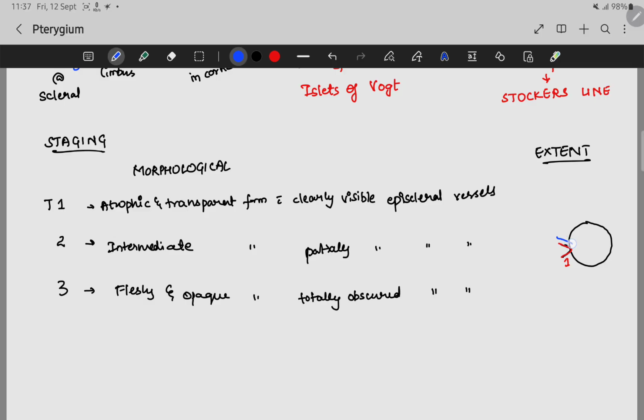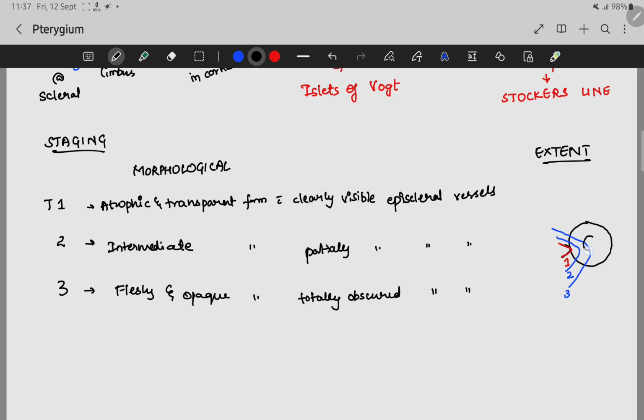If it is midway, it is stage 2, and if it is crossing the pupillary margin, it is stage 3.